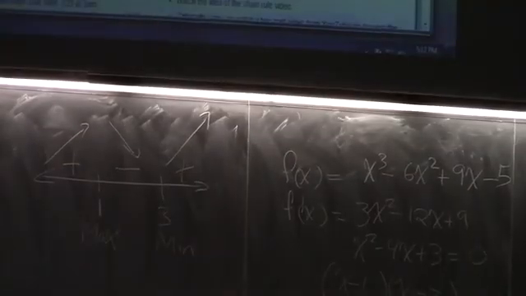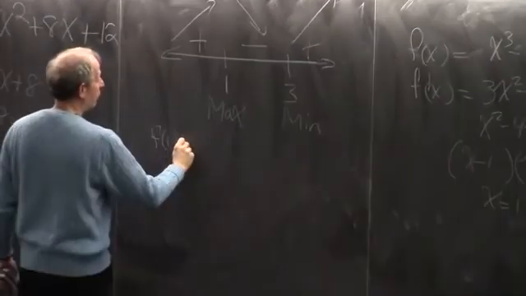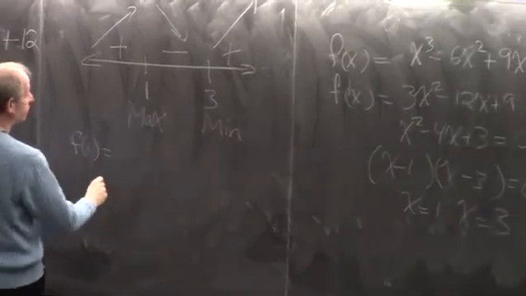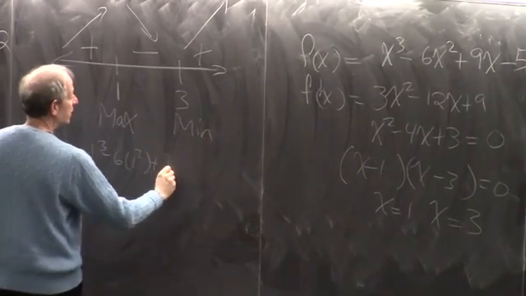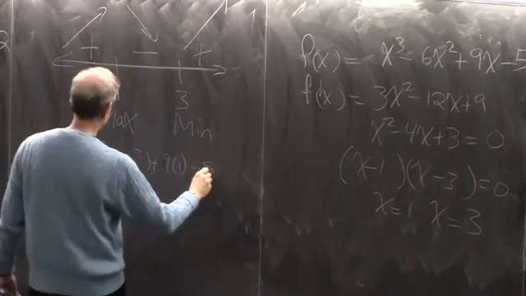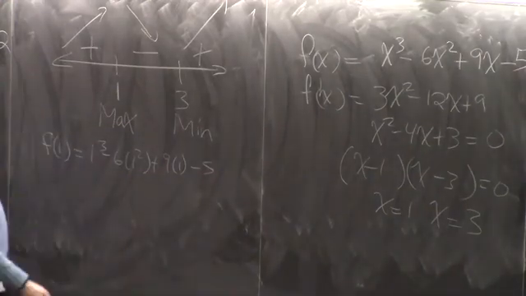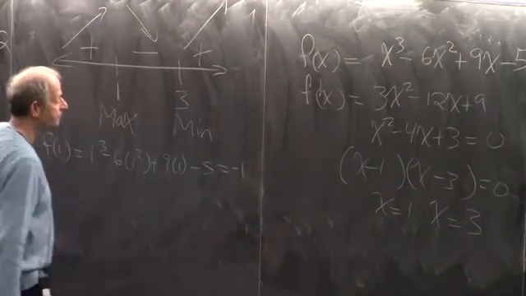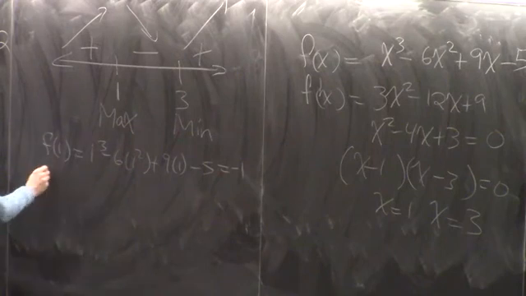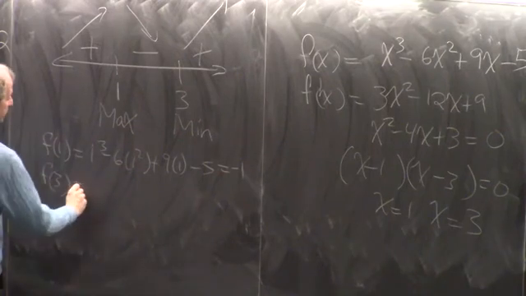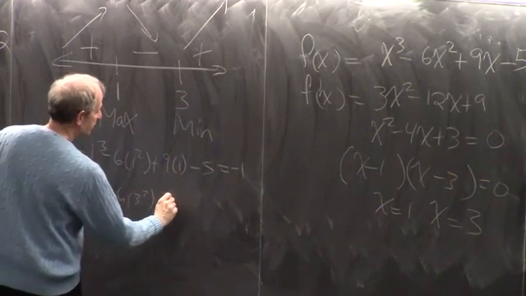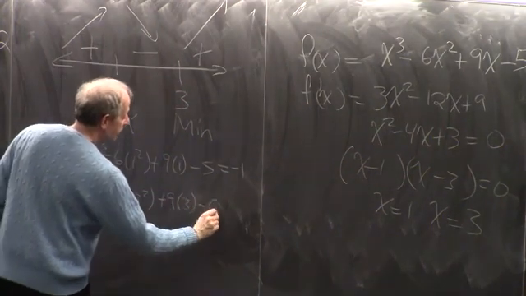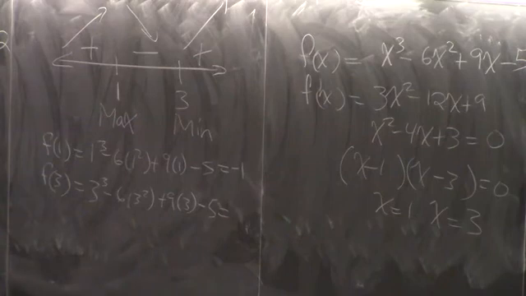So when x equals 1, 1 cubed minus 6 times 1 squared plus 9 times 1 minus 5 is negative 1. And you plug in 3, and you get 3 cubed minus 6 times 3 squared plus 9 times 3 minus 5 is negative 5.